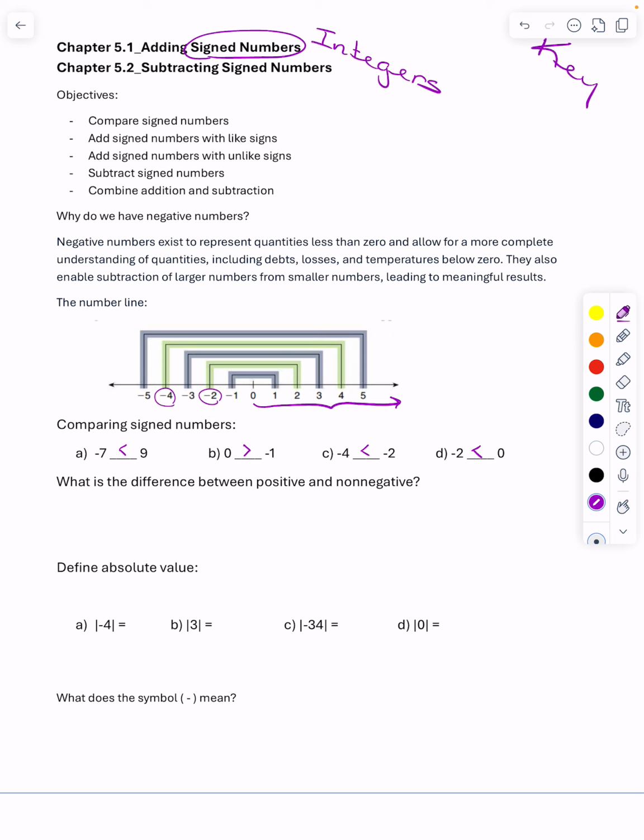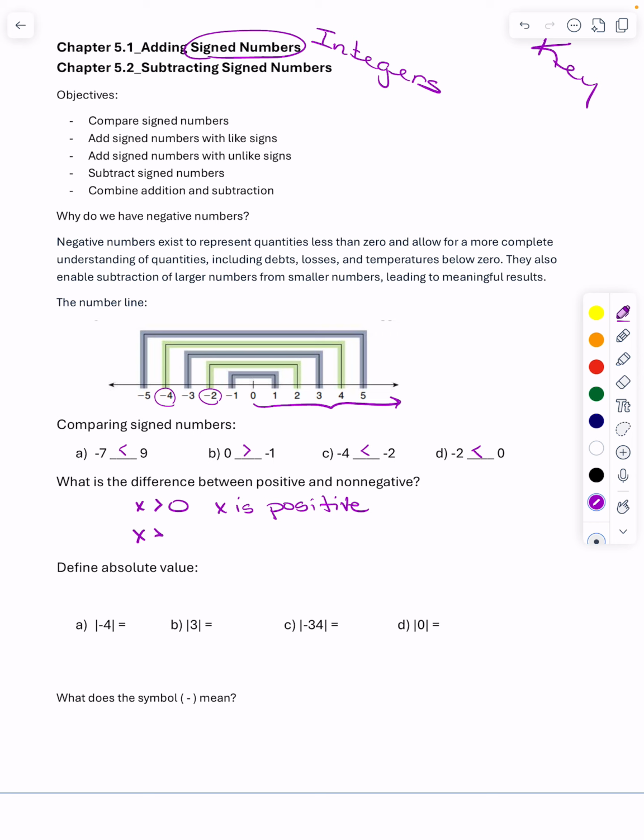We do need to make a distinction between positive and non-negative. So if x is positive, x is strictly greater than 0. Notice that positive does not include 0.